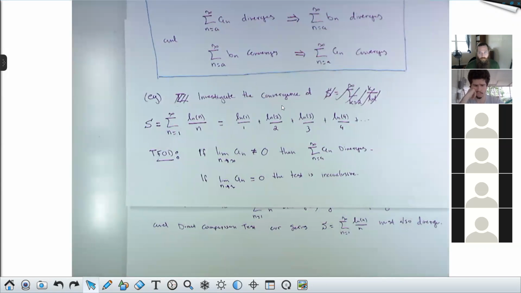Usually, and this is true in general, as you're trying to pick things to compare against, you want to suss out the asymptotic behavior of your function. Natural log of n grows to infinity, but it does it very, very slowly. So the dominant term in this expression is the 1 over n.